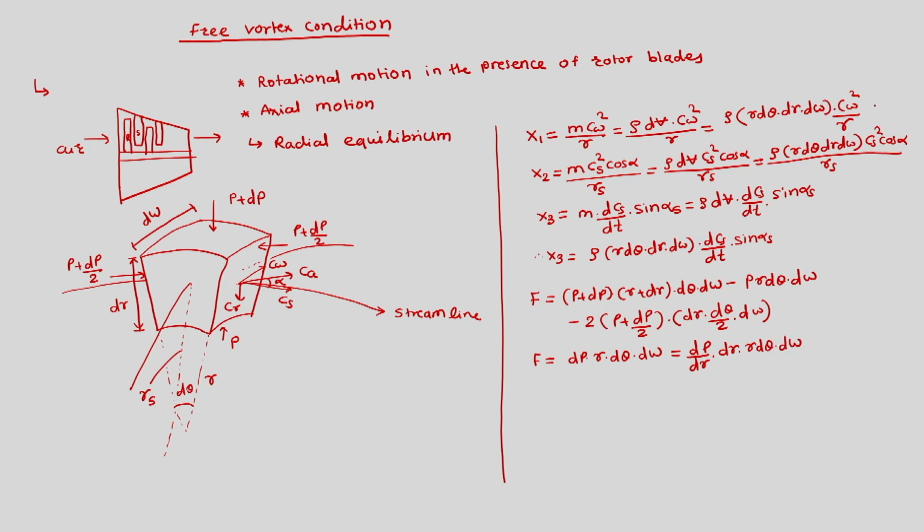So we have acceleration x1 due to the tangential velocity, acceleration x2 due to the curvature of streamline, acceleration x3 due to the unsteadiness in the flow or the time varying Cs velocity, and then we have force which is due to the pressure. Now let us equate this and we can see that F is equal to x1 plus x2 plus x3.